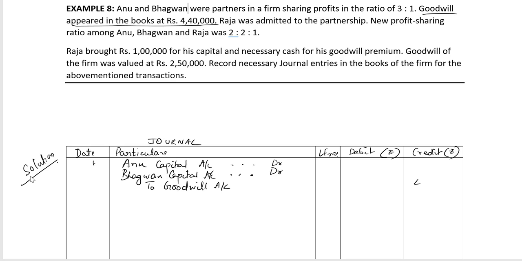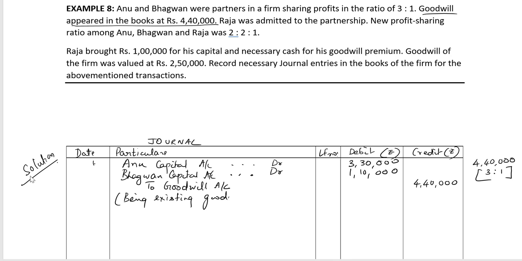Existing goodwill amount rupees 4,40,000 to be written off in OPSR 3:1. So we have 3,30,000 against Anu and 1,10,000 against Bhagwan, being existing goodwill written off.